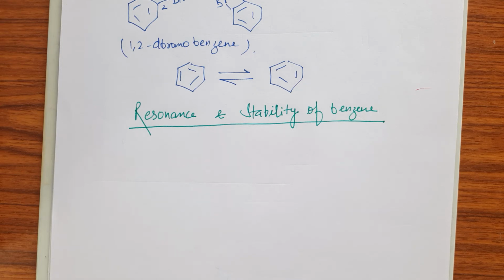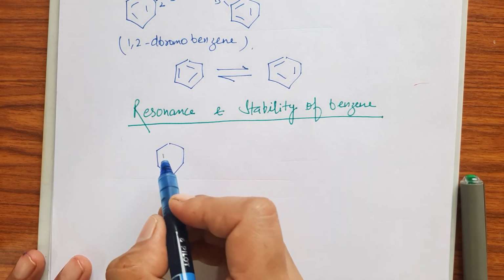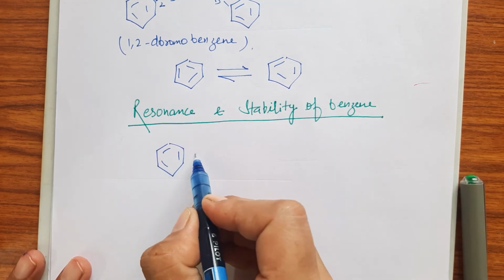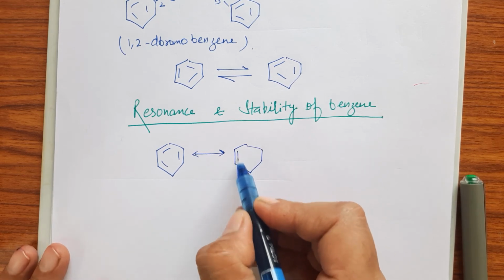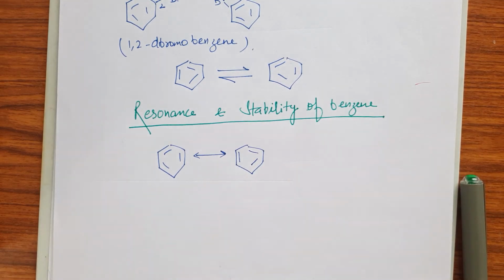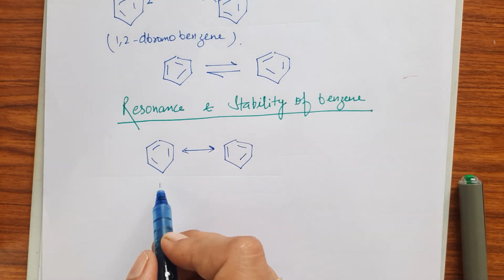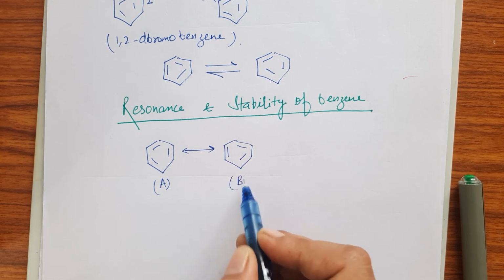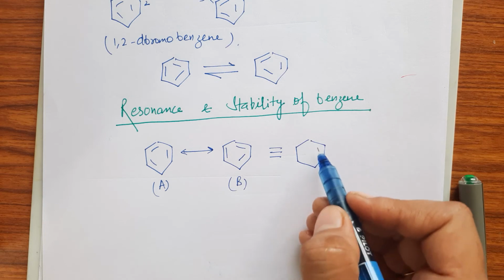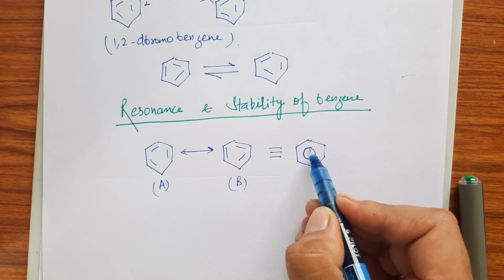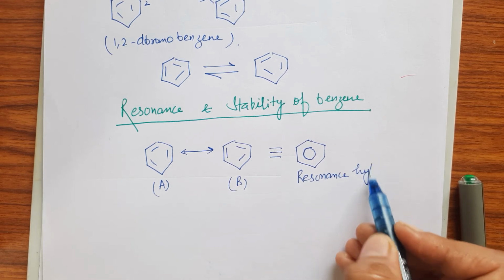But actually, when we take benzene and do its resonance, it is found that it is the resonance hybrid of two structures, structure A and B. It is a resonance hybrid of these two structures, and this is the resonance hybrid. So this is the actual structure of benzene.